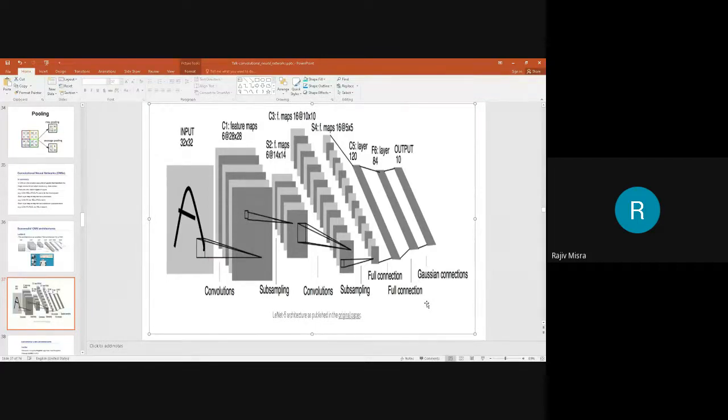So that means a convolution layer, and then a pooling layer. Again, it will perform a convolution layer. This time the convolution operation will be performed on these different images.